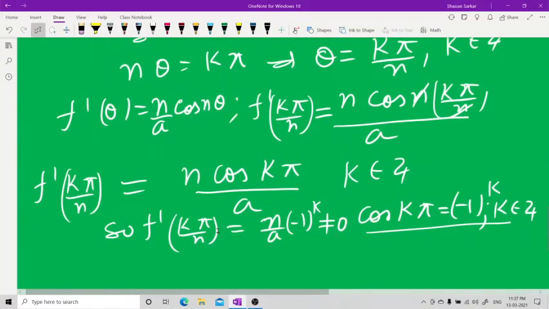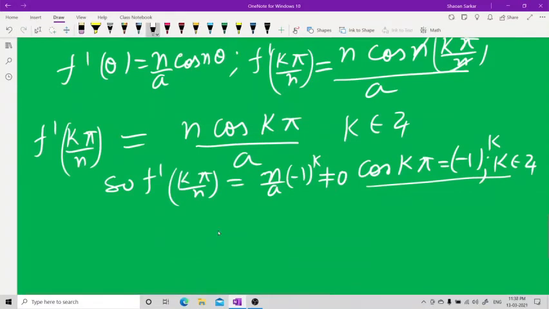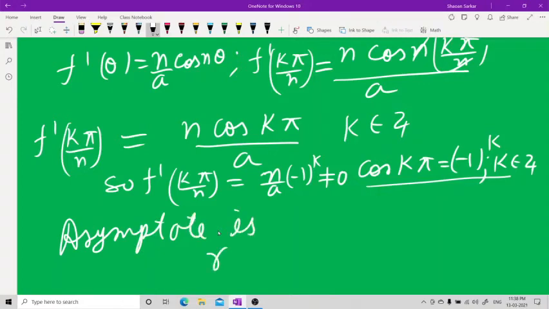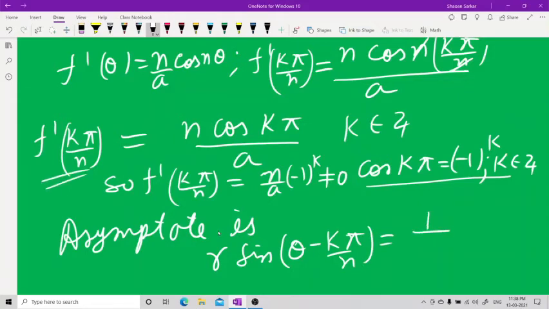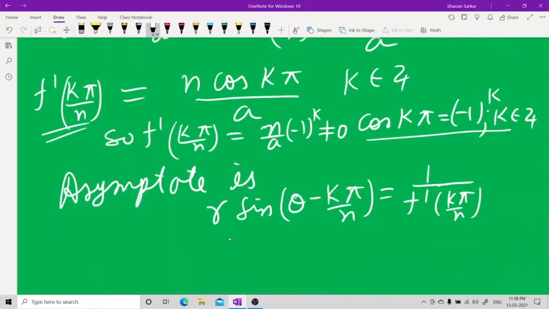तो इसीलिए now your asymptote is r sine theta minus k pi by n is equal to 1 upon f dash. You have to write this, f dash k pi by n, and you may write it in two formats. So r sine theta minus k pi by n is equal to this, put this value.